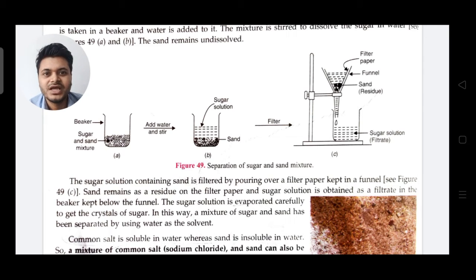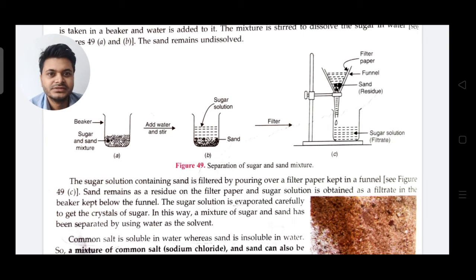The sand remains as a residue on the filter paper and the sugar solution is obtained as a filtrate in the beaker kept below the funnel.